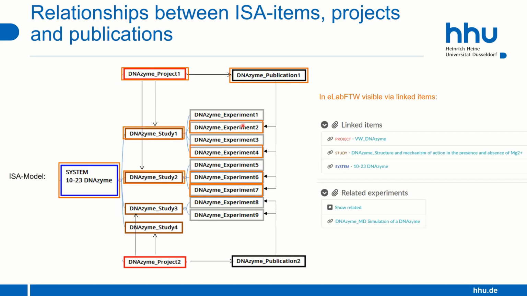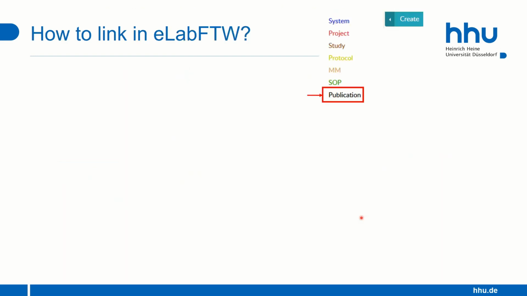And from there, you can move backwards if you wish, such that if you have the information on which experiment entered into a publication or a thesis, you can always find to which system it belongs, which study, which project, and so on. And for that, we make use of the possibility to provide linked items in eLabFTW. And as I said, we make use of these annotated materials and methods parts.